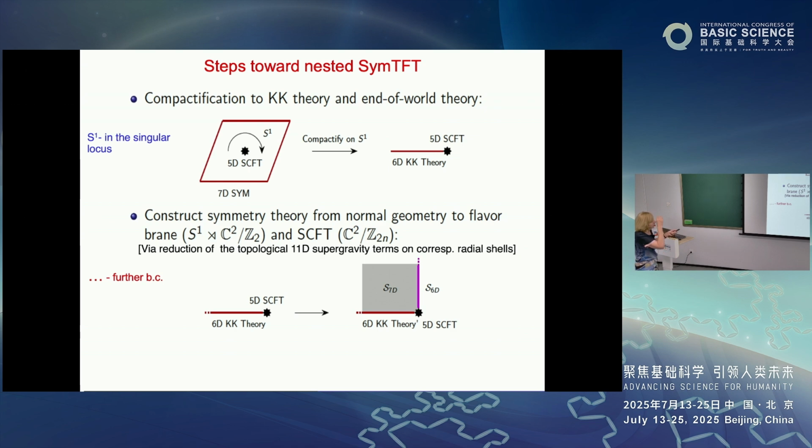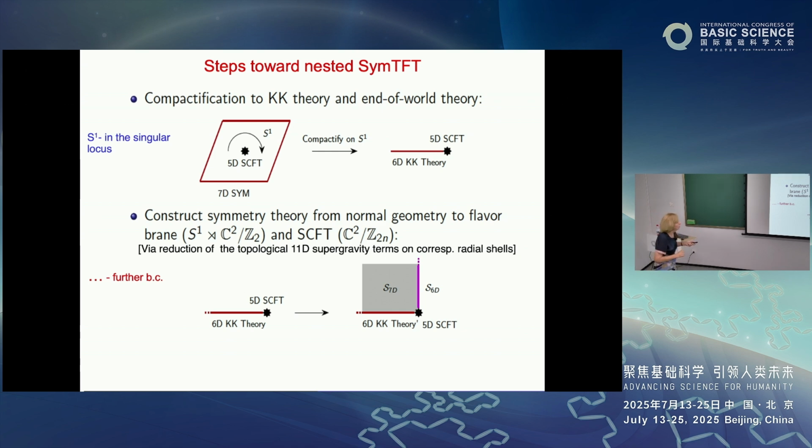It starts with this combined 7D, 5D system. Then for this extended flavor brane that corresponds to 7D super Yang-Mills theory, we compactify along the circular direction to get just 6D Kaluza-Klein reduced field theory. And at the edge here, we are dealing with the resulting 5D SCFT. So this is the field theory picture.